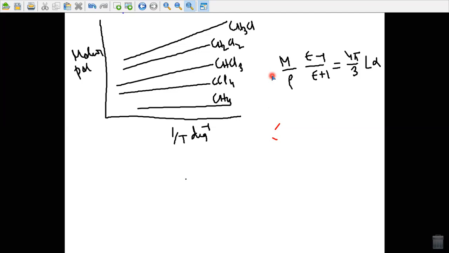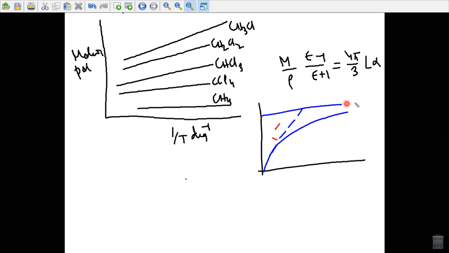So if we discuss some range of the molecules or the functions, this is the plot of the Langevin-Debye equation.